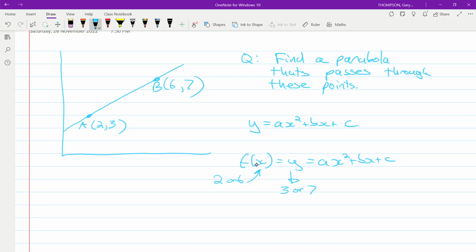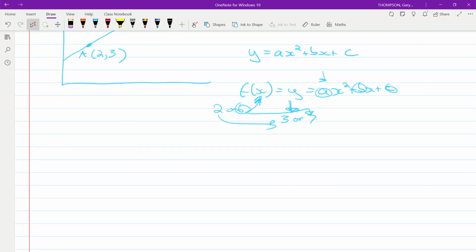In other words, I want to make sure that these variables, a, b, and c, are set in a way that when 2 goes in here, 3 comes out, and when 6 goes in there, 7 comes out. So I want to force that to happen.